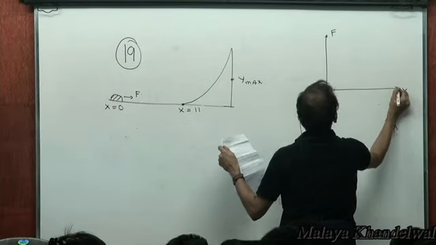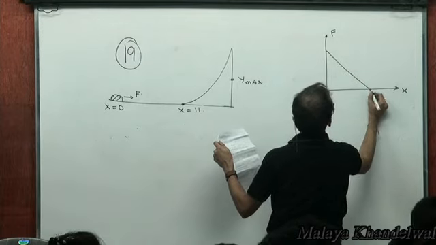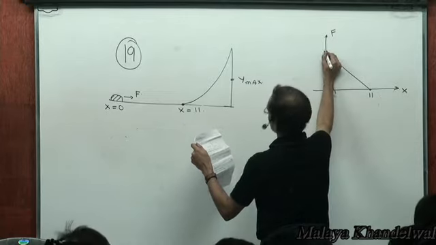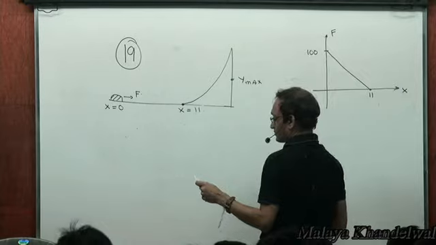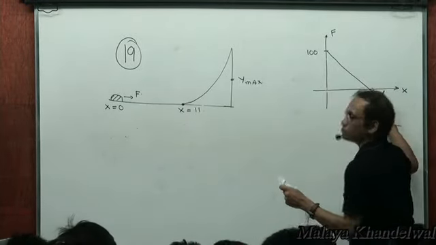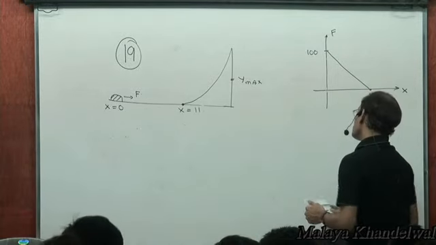F versus x goes this way, where this point is 11 at x equal to 11, and this point is 100 newtons, right? That's how the force decreases linearly from x equal to 0 to x equal to 11, right? The magnitude of the force.